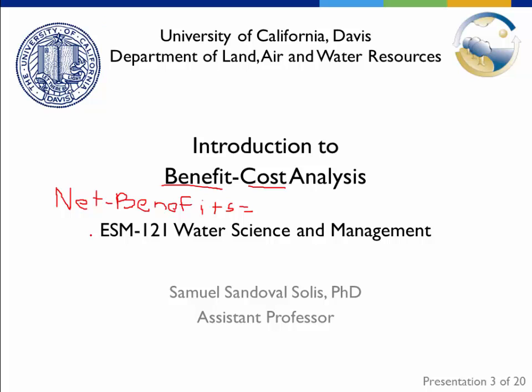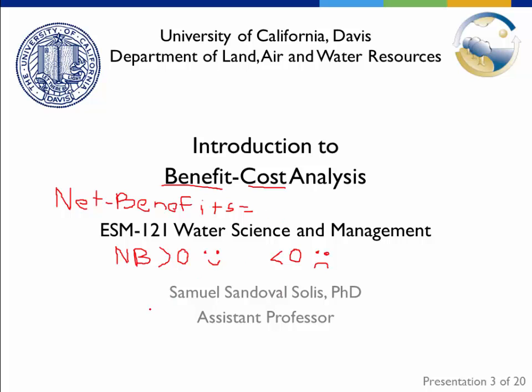If the net benefits are greater than zero, it means that the benefits outnumber the costs. So in this case, the project is economically feasible. Otherwise, if the net benefits are less than zero, then the project is not economically feasible.